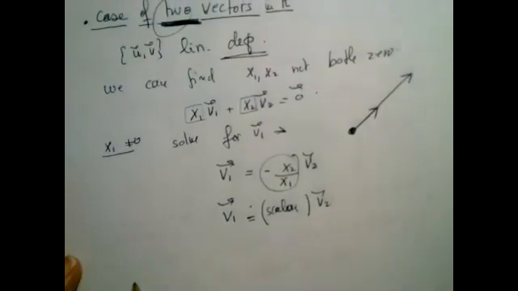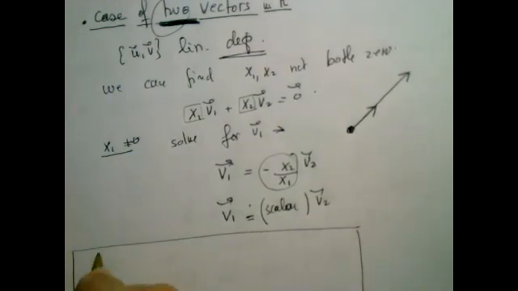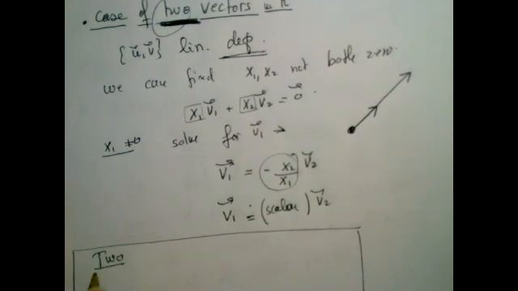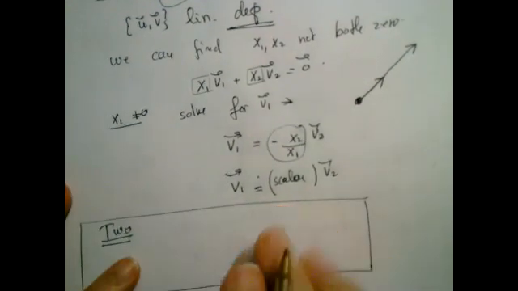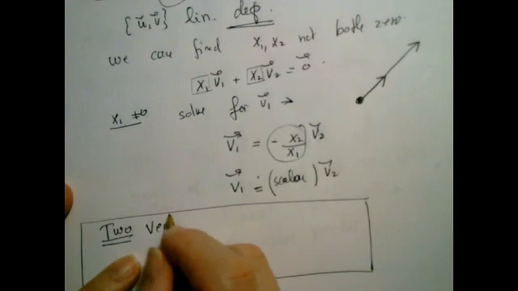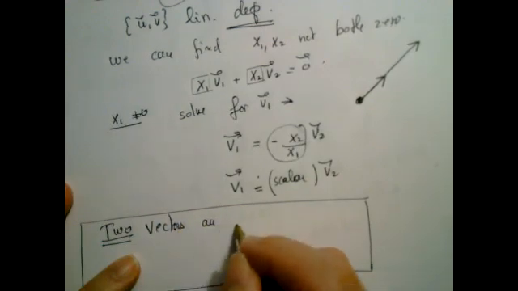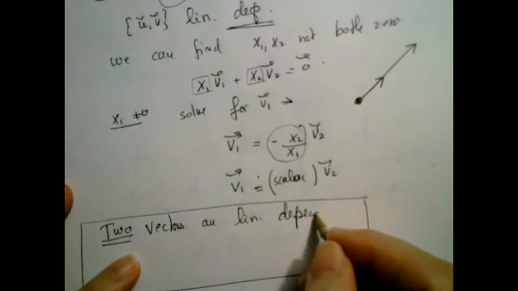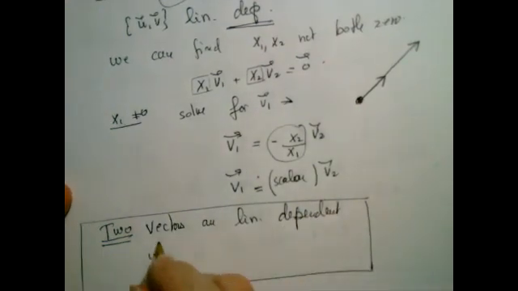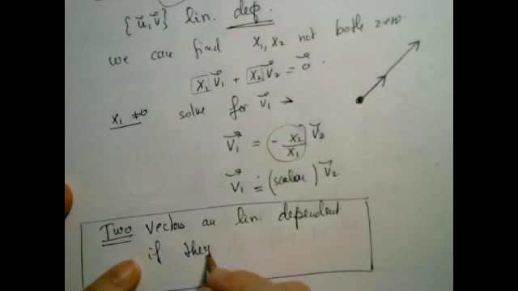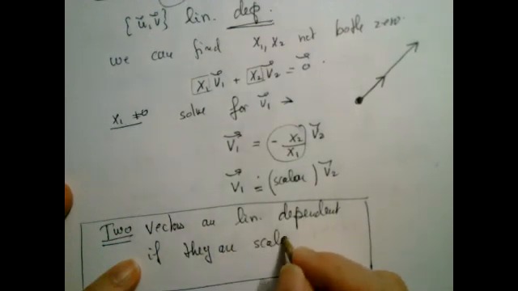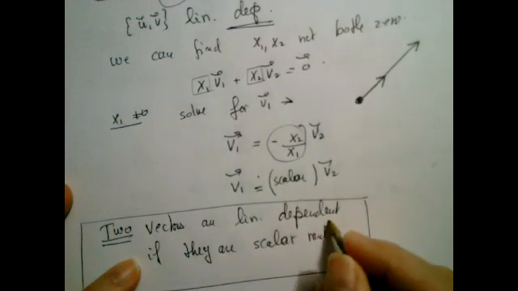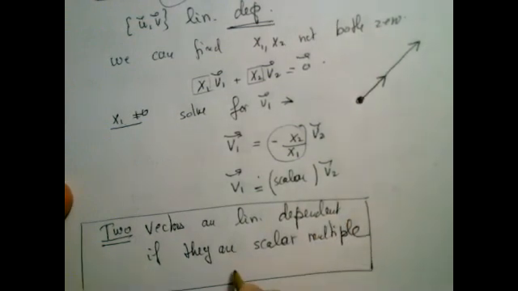Independent. So now we can say two vectors, the two is important here because that holds for two. Two vectors are linearly dependent if they are scalar multiples of each other.